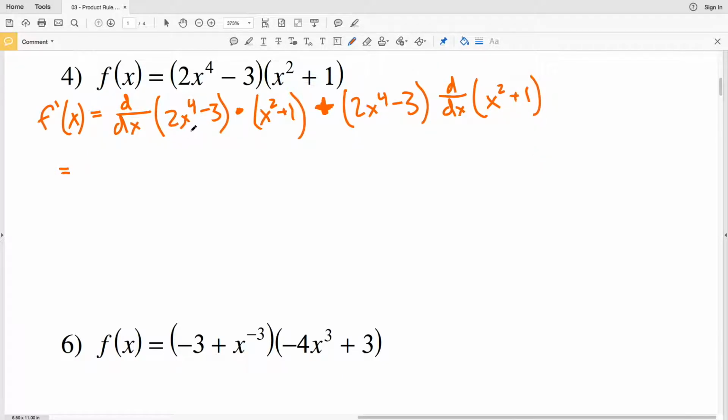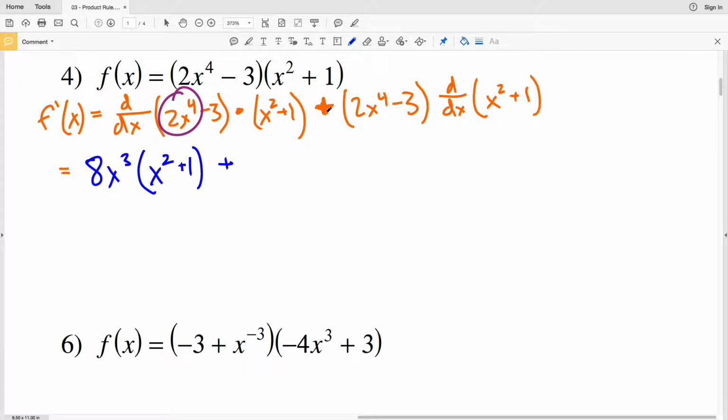So the derivative of 2x to the 4th minus 3, the 3 will go to 0, so I'm just evaluating the derivative of 2x to the 4th, which, bringing down the 4 times 2, that's going to be 8, and x to the 4 minus 1 is 3. So 8x cubed and that's multiplied by x squared plus 1.